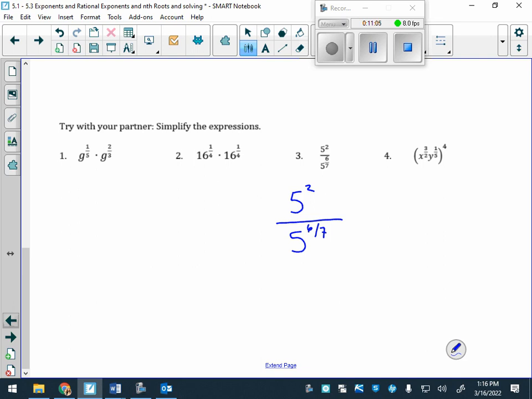Danielle? 14/7. So since this one is already in fraction form, right? I'm looking at 7 as my common denominator here. So that means I'm multiplying top and bottom by 7. So I have 5 to the 14/7. Now I'm ready to subtract. Yep. Okay. All right.